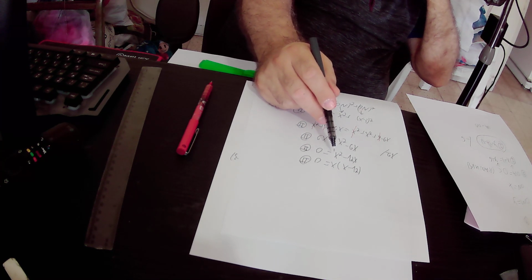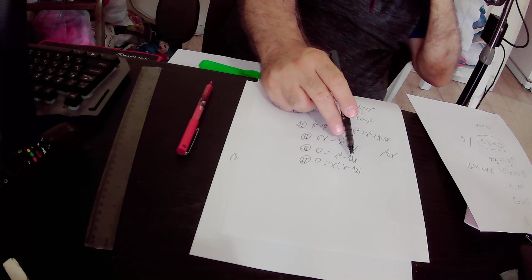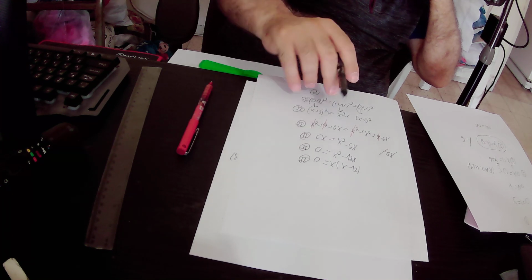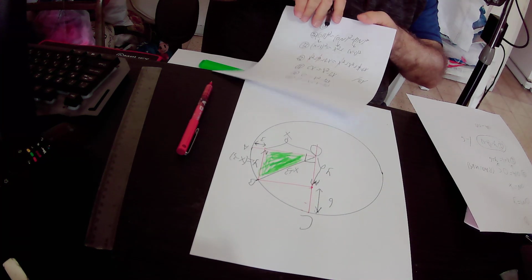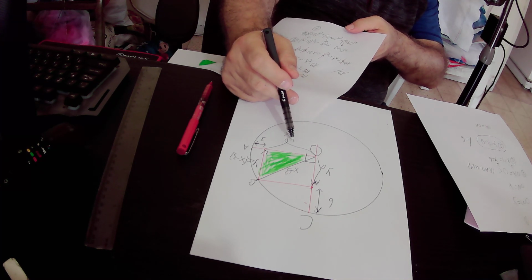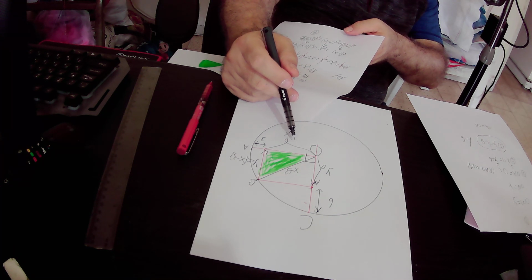So we have two solutions to this equation. Either x will be equal to 0, or x minus 12 will be equal to 0. x equals 0 is impossible, because we are talking about the size of the side of the square, and if it is 0, it doesn't exist.